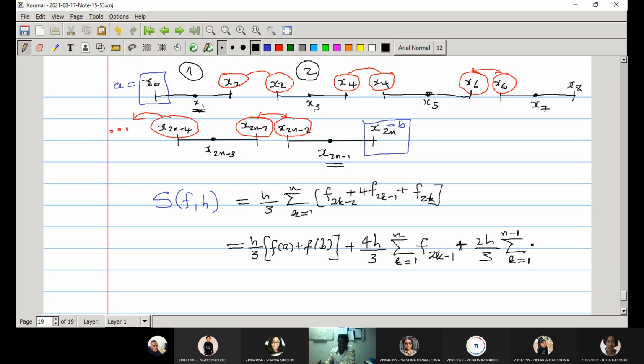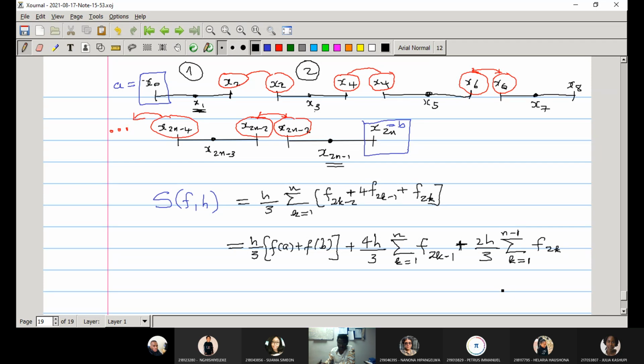Okay, let me write and check. And then this will be f of 2k. Right. So when k is equal to 1, we have f of 2, this x2. Now the last one, when k is equal to n minus 1, it should be 2n minus 2, right?